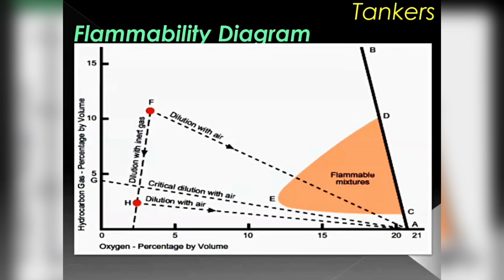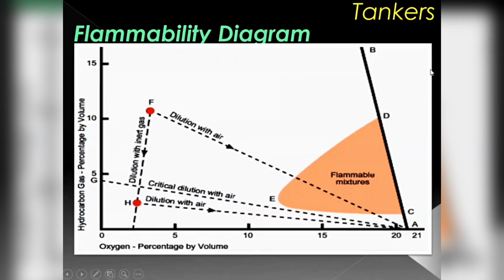Isn't it? There's a huge compartment, and it will take a very long time to reduce the oxygen percentage. So they continue putting inert gas in the tank, and in the process they dilute the atmosphere and keep the safety margin far away from point E.